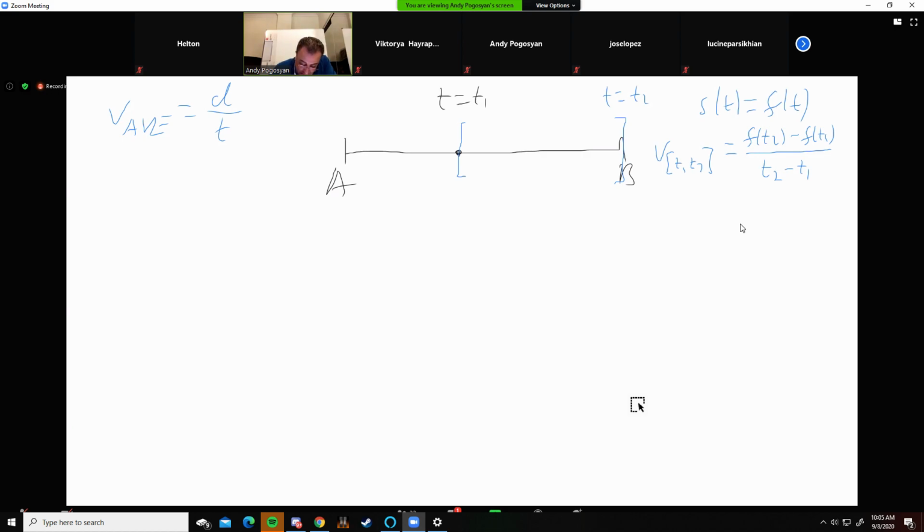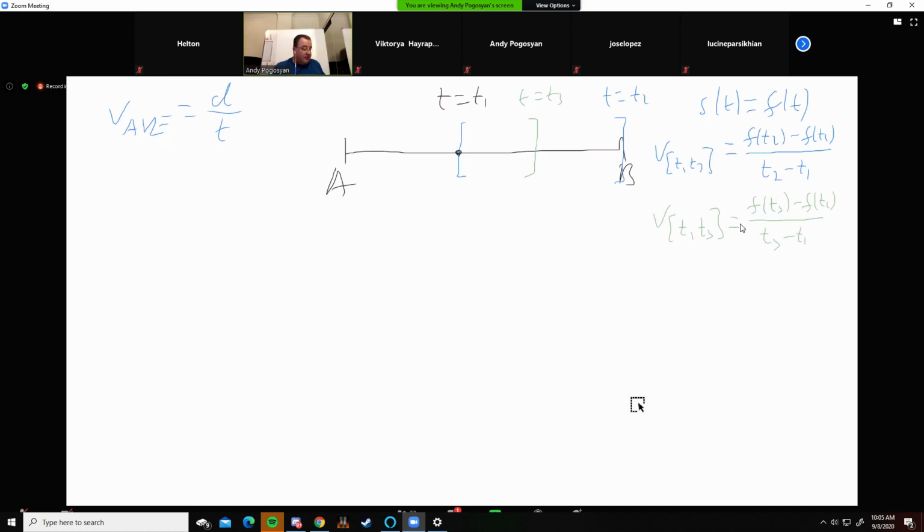Now, in order to make it a little bit more accurate, or get closer to the exact value, we can make a closer interval, t equals t3. Now v between t1 and t3 is f of t3 minus f of t1 over t3 minus t1.